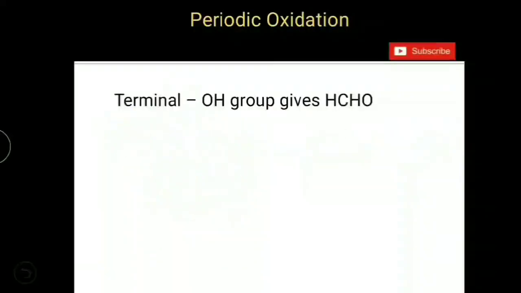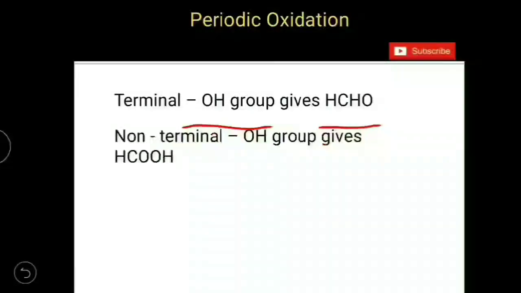From all these observations, we can come to one conclusion: if we have terminal OH groups in the given compound, it turns into formaldehyde in periodic oxidation. If we have non-terminal OH groups, they will give you formic acid.